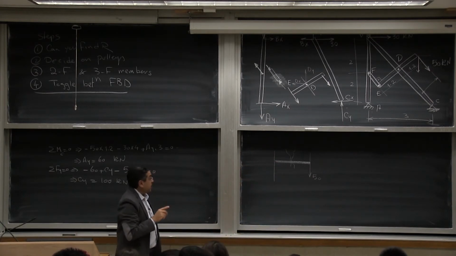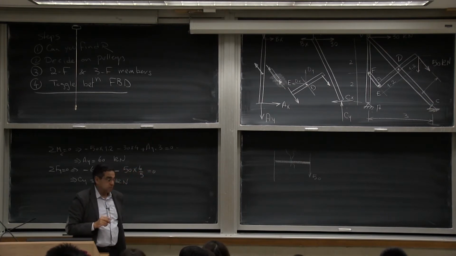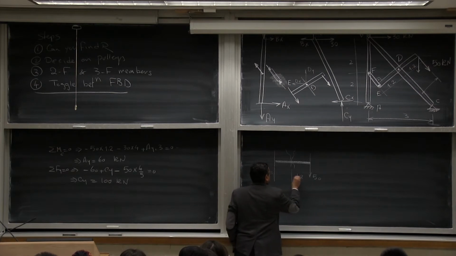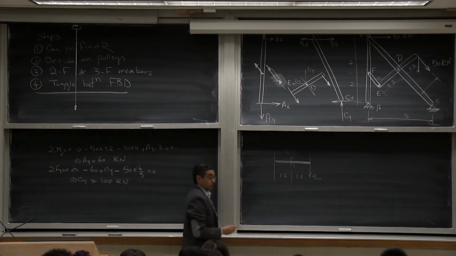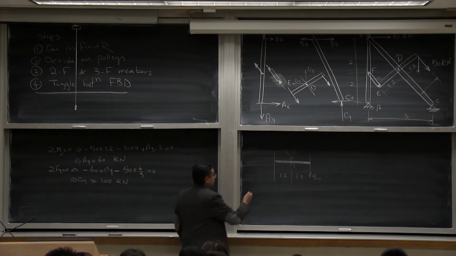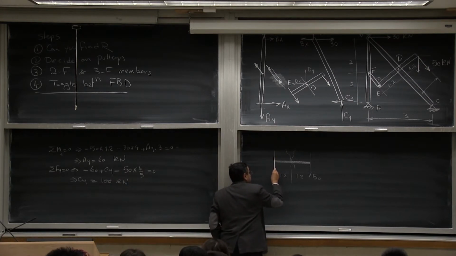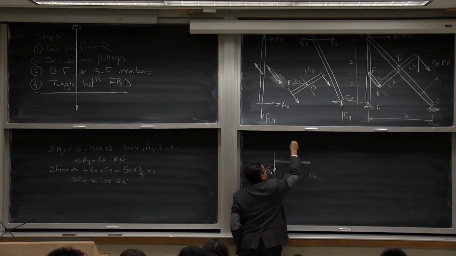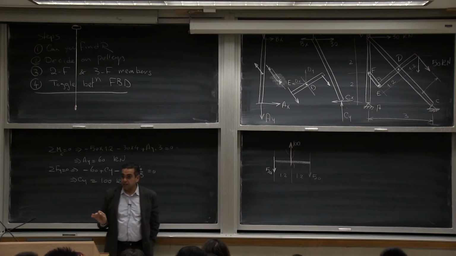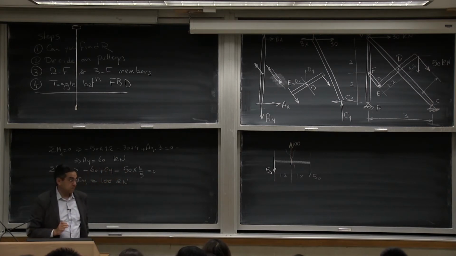So the only way this member will be in equilibrium, and this is like 1.2 and 1.2, the only way that this member will be in equilibrium is this. If this is also 50, and this is not only 100, but parallel to them. There's no other way that this member will be in equilibrium.